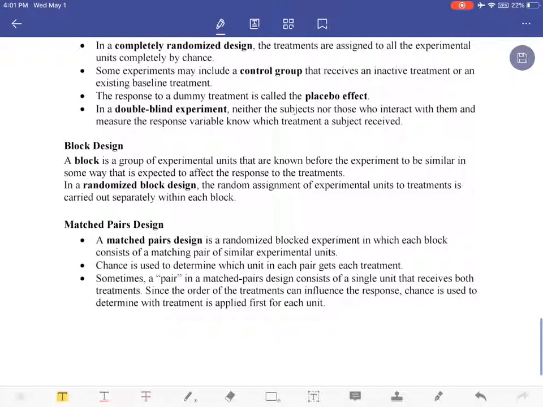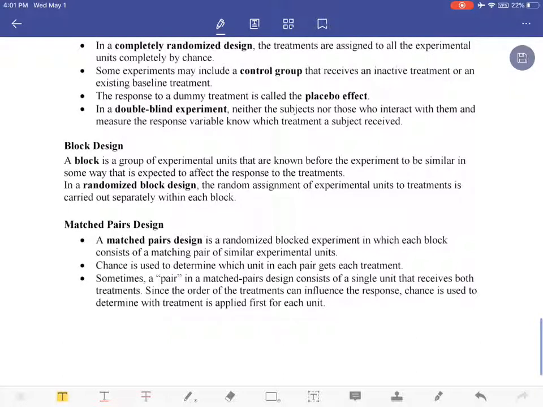I would have 10 females get the height treatment, the actual height pill, 10 females that get the placebo. Then I'd have 10 males that would get the actual height treatment, 10 males that would get the placebo. So that way I can break it down and compare and see if there's a difference in results between the male and the female, between the treatment and the placebo.